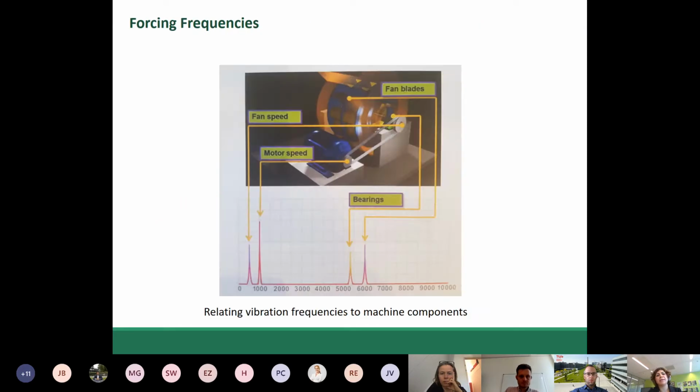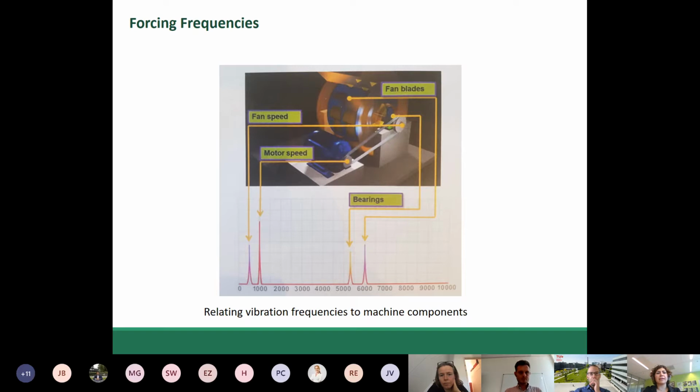Another term or principle is forcing frequency. The frequency tells us the source of the vibration, and the amplitude tells us about the severity of the vibration. Knowing the forcing frequency, we can immediately relate it to a special fault or a special component, because every component has its own signature, its own forcing frequency.